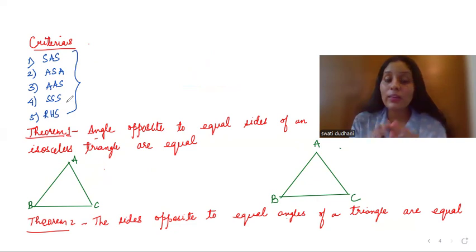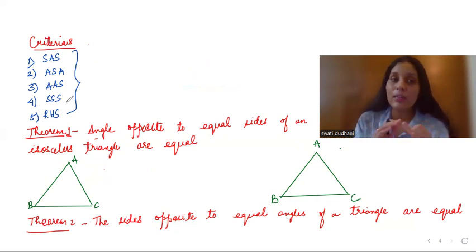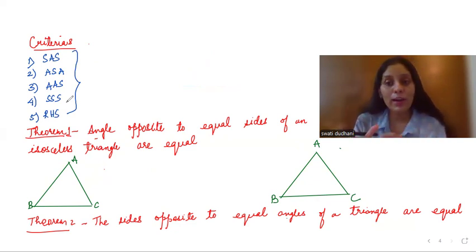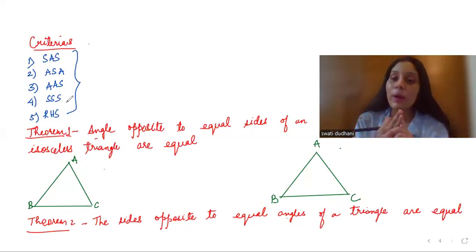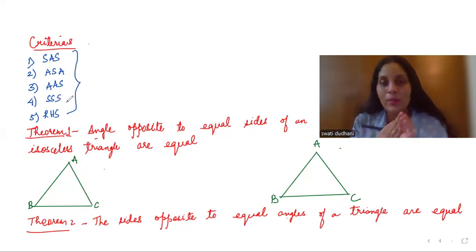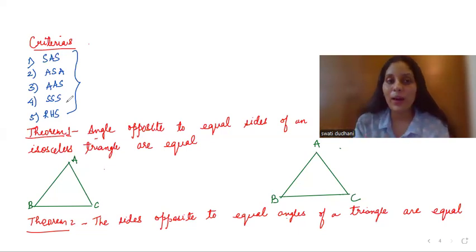Now we need 3 things. You can see either two sides and one angle, or two angles and one side, or three sides. So basically three parts need to be equal to prove the two triangles congruent. Once we prove the two triangles congruent, then all remaining parts will be automatically equal.